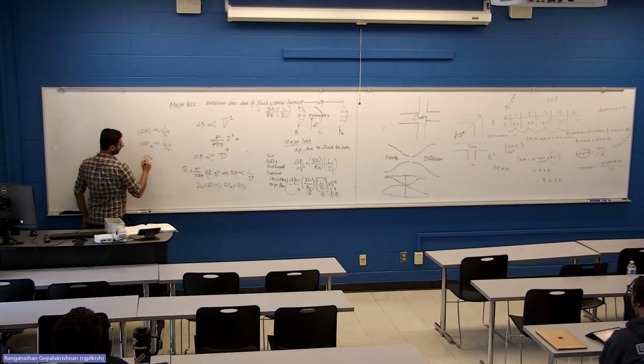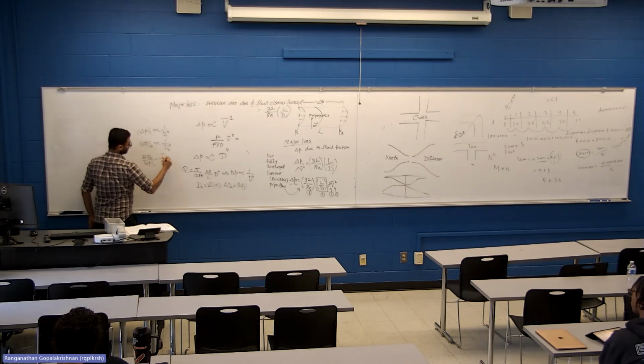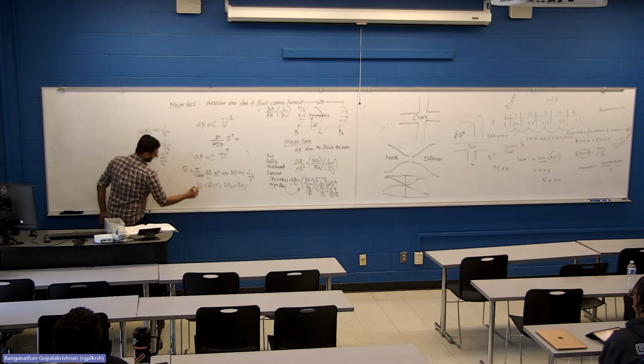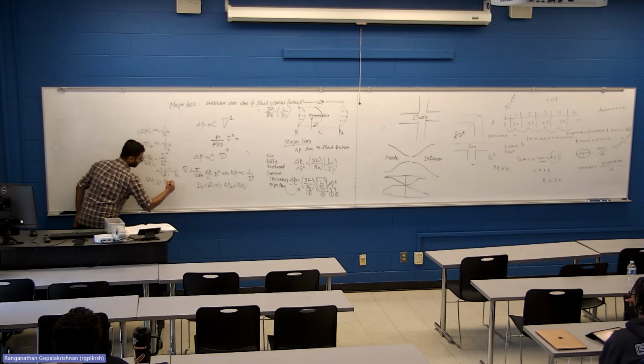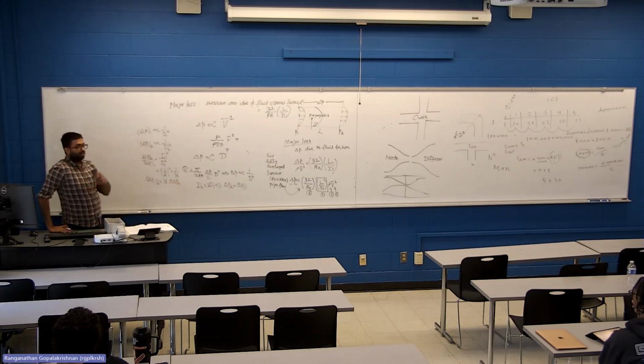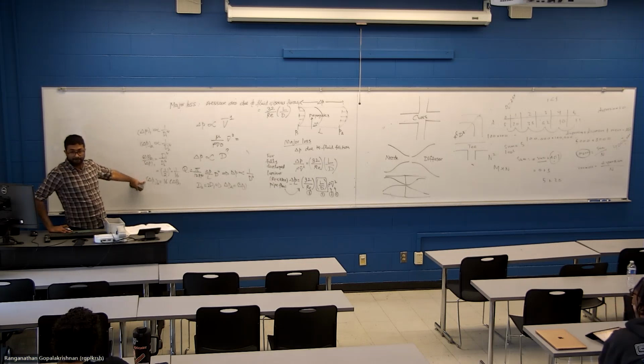So delta P2 divided by delta P1 would be D1 to the fourth over D2 to the fourth. If D2 over D1 is two, that means this is 1 by 2 to the power 4, or 1 by 16, which means delta P2 is 1 by 16 of delta P1. You double the diameter, you get 16 times less pressure drop.